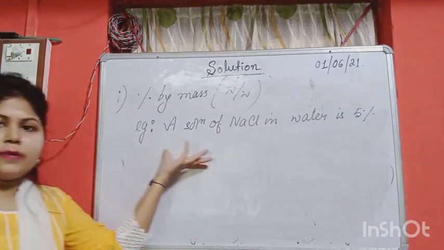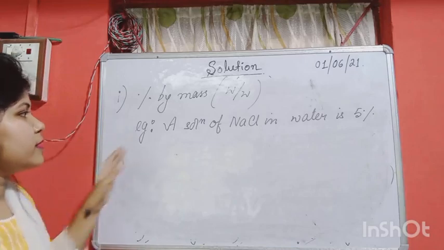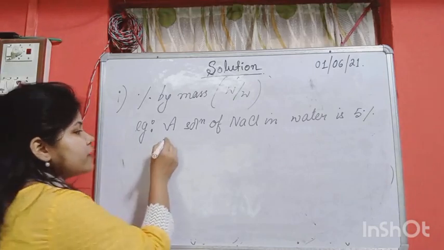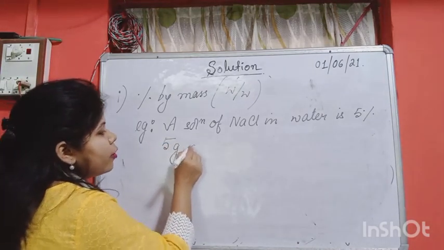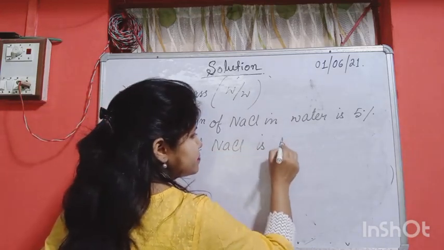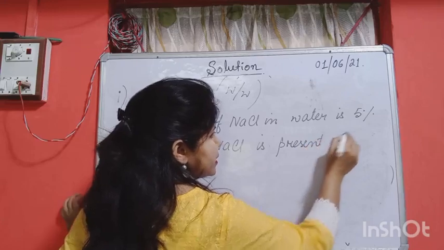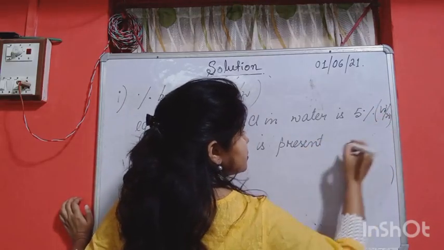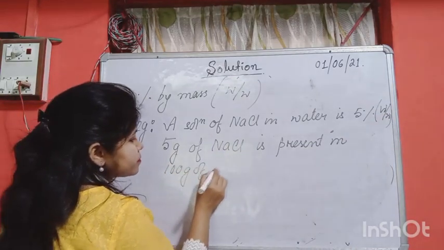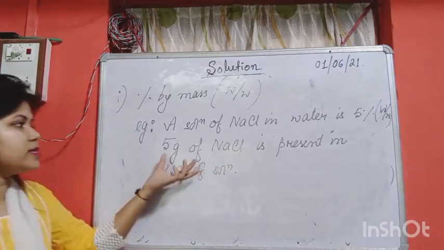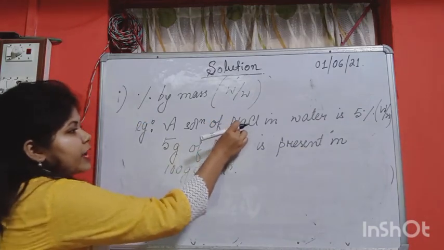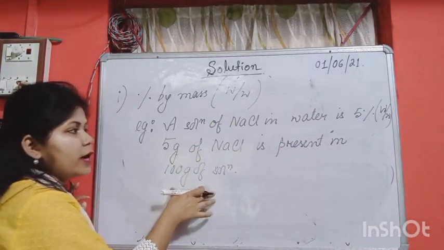So from this you can say that a solution of NaCl in water is 5%. That means 5 gram of NaCl is present in 100 gram of solution. Yes or no? We can say this because this 5% is representing weight by weight. So 5 gram of NaCl is present in 100 gram of the solution.